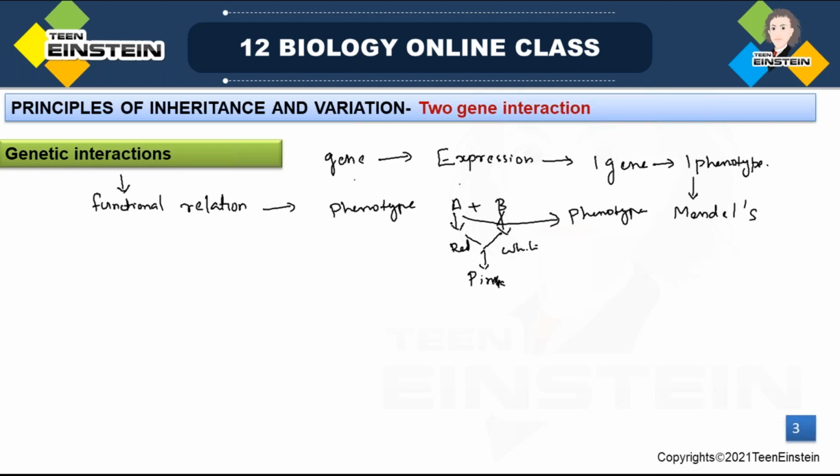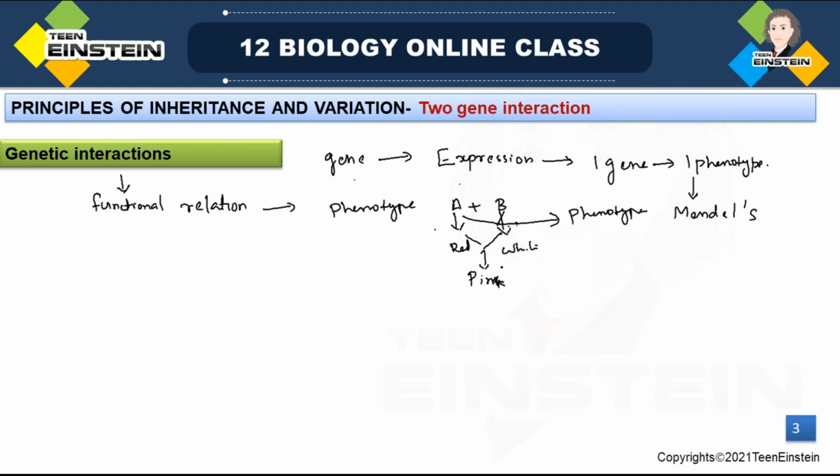So some interaction is taking place between these two genes. If there is no interaction, there is individual expression: A will form red color, B will form white color. But when combined, it gives another expression, neither the red nor the white flower. So there is a different expression.